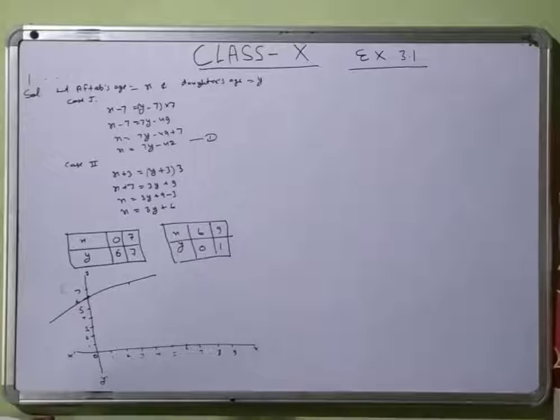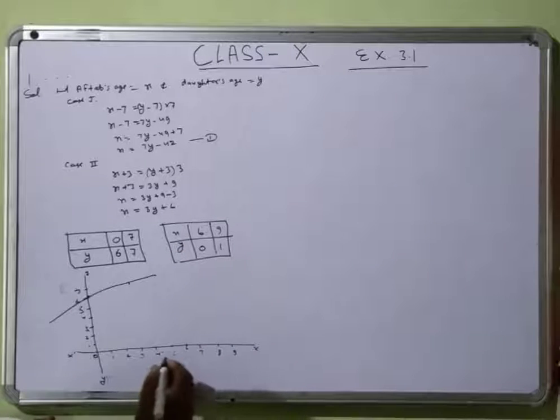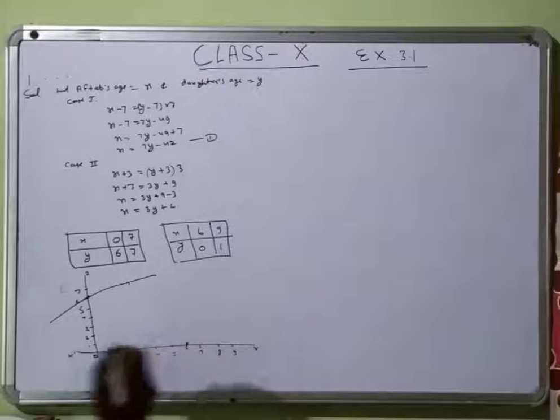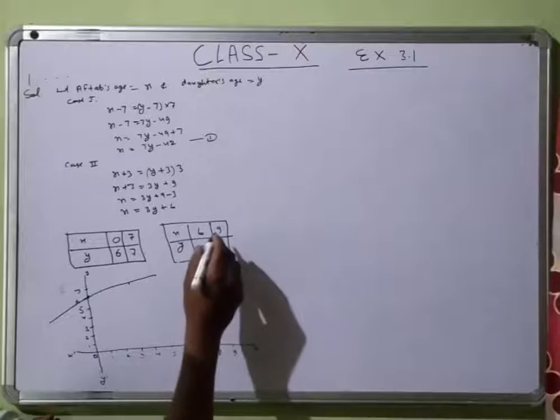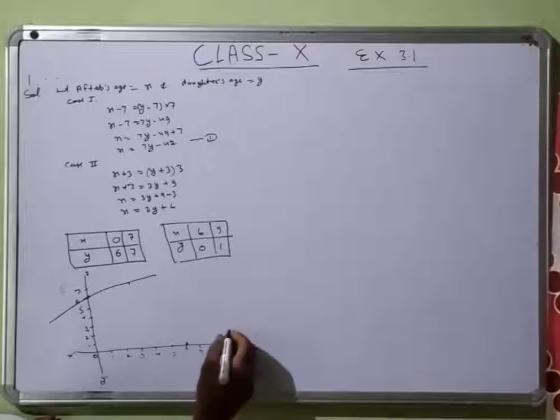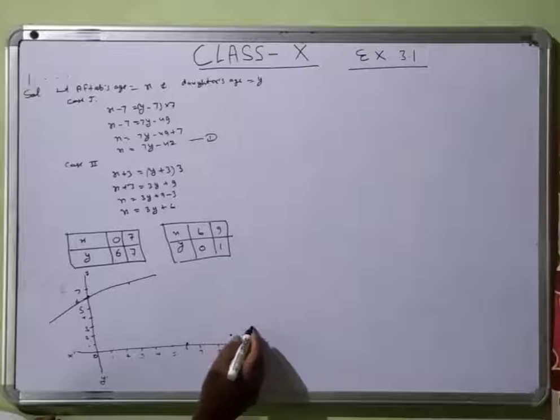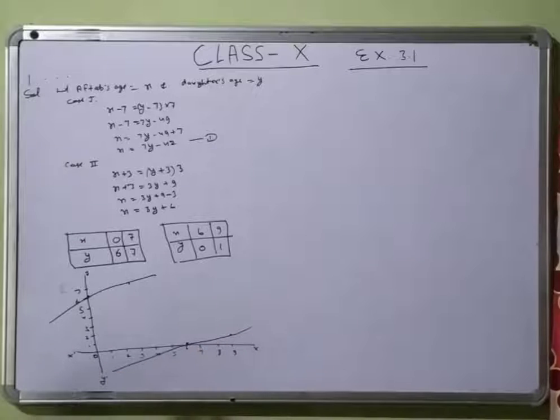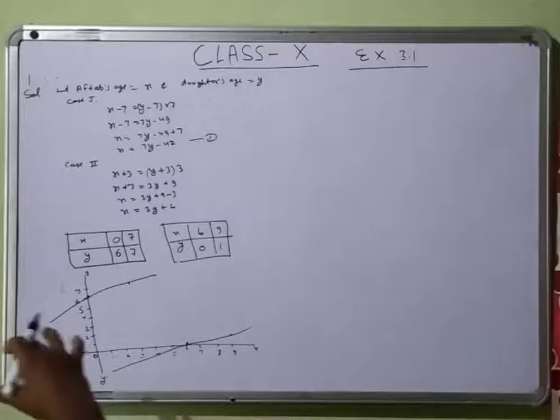Then 6, 0, then 9, 1, and then join both. When you draw on graph paper, your line must be clear.